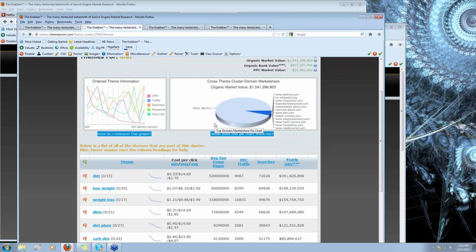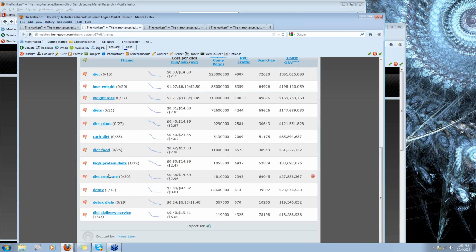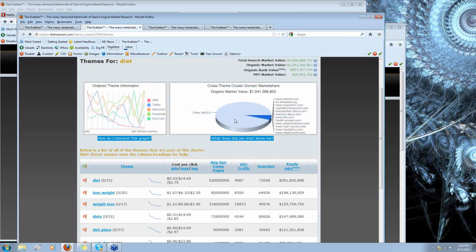This graph is showing you a culmination of all of the important keywords in all of your themes, showing who the top market shareholders are, who controls the majority of the money within this. And as I go down, I've got several high-protein diets, several niches within this market, as well as quite a few vertical market concepts. So this has gotten quite scattered, but still it's kind of interesting.